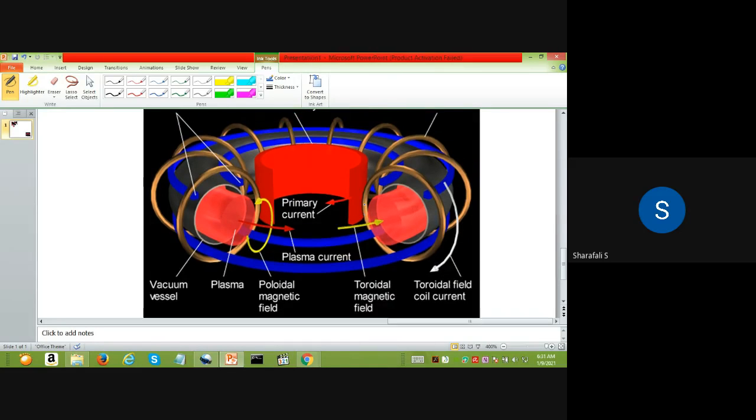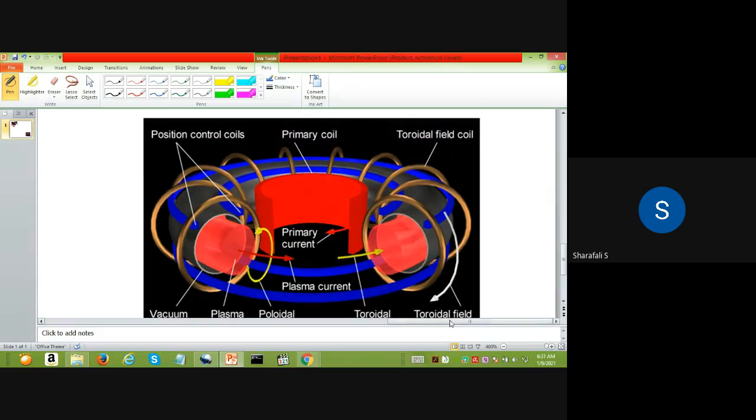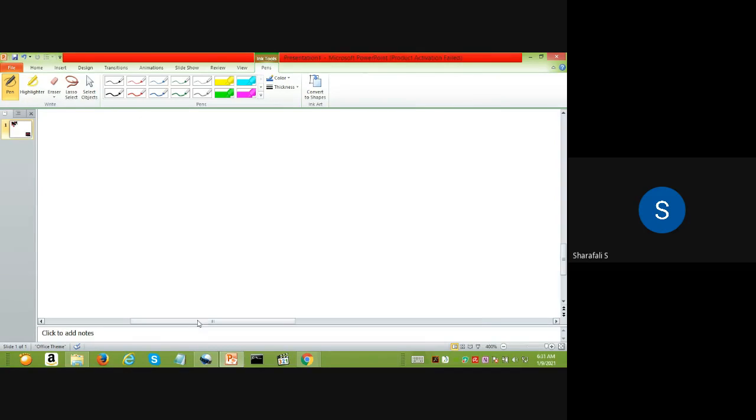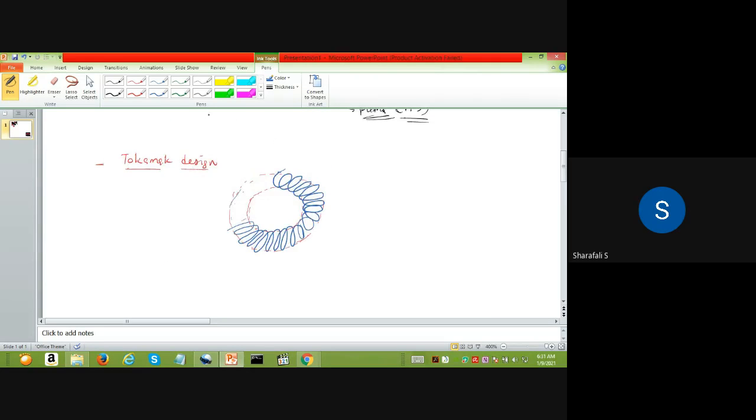Now consider any charged particle inside this field. If you put any charged particle here, some electron, this electron will experience the Lorentz force, F equal to qvB.